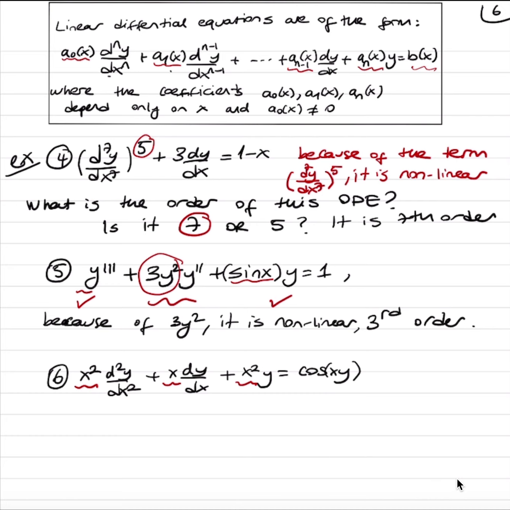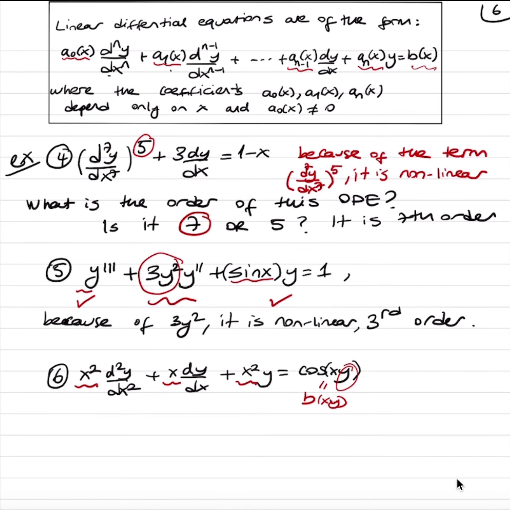But if you are careful, the right-hand side should also depend only on x, but because of this y, it is like a function of x and y. So that's why it fails to be linear.